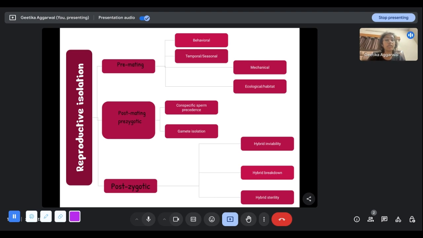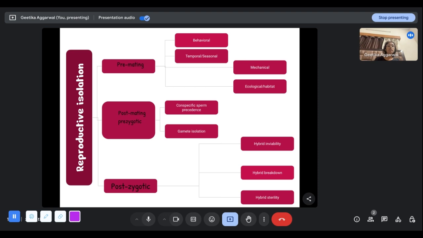Then even though these two populations might be able to produce offspring if you fertilize their gametes separately, since they are temporally separated from each other, naturally they will never end up breeding and producing offspring, right? So that is another way of pre-mating isolation.